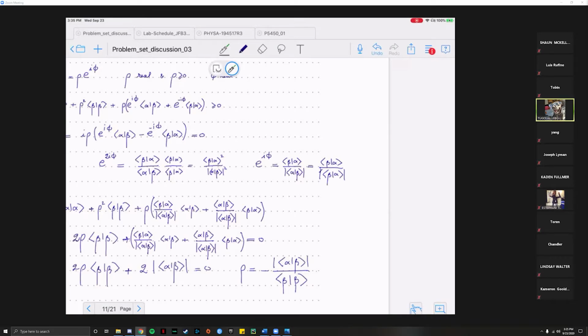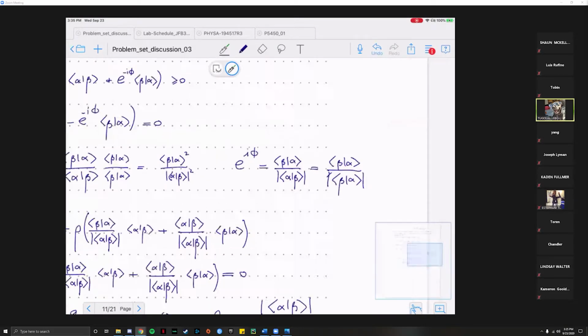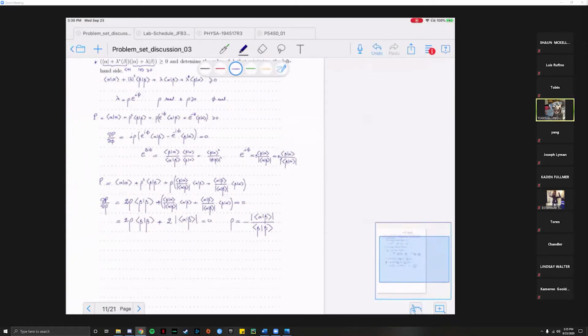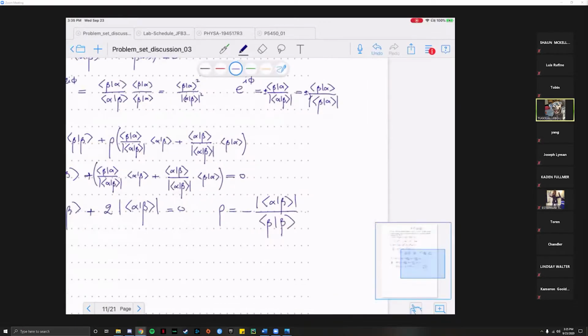But I think the square root that gives us exponential i phi is plus or minus that. And that plus or minus, essentially, that's still rho is positive.